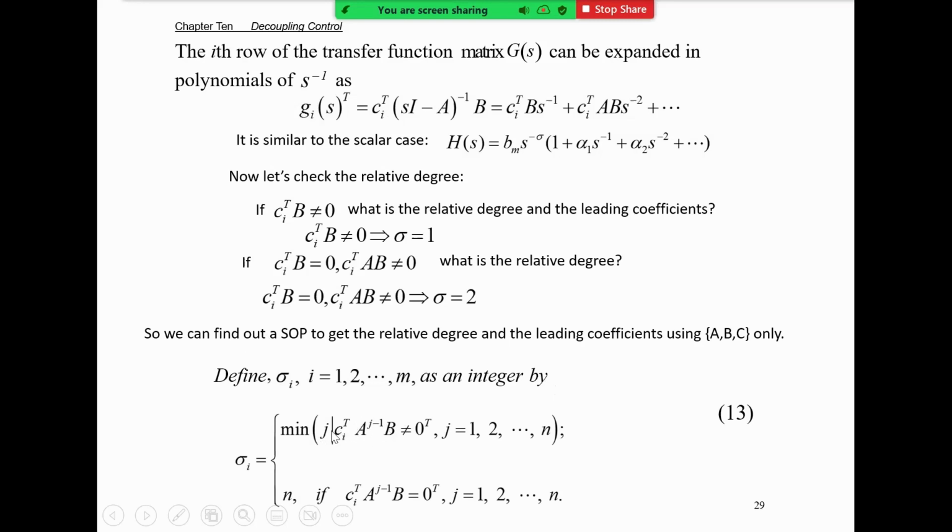You look at the minimum j which makes C_i A to the power of j minus 1 times B not 0. Minimum j means you first check j equals 1, the first term.